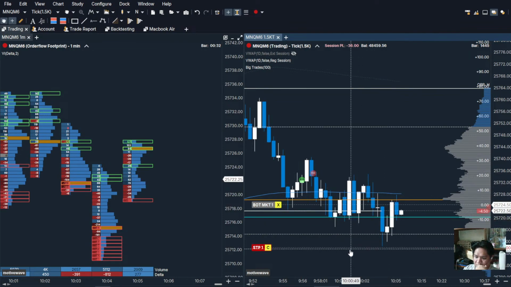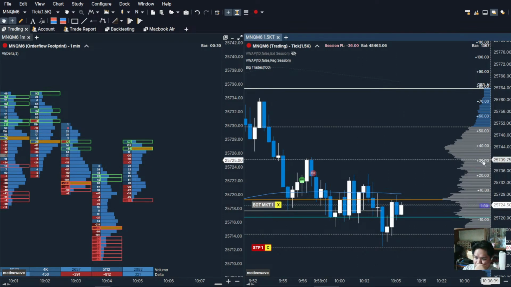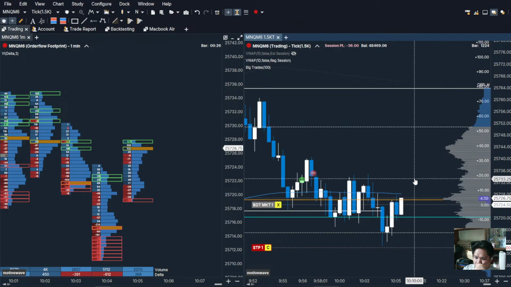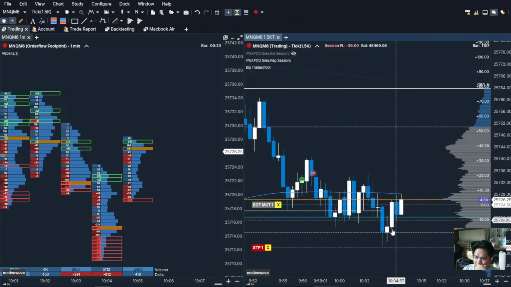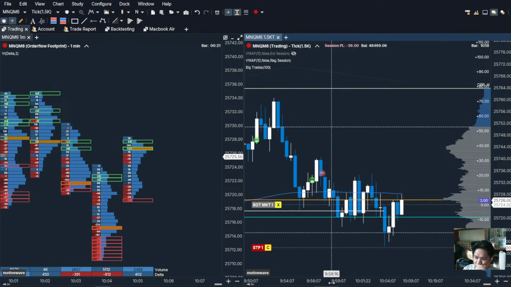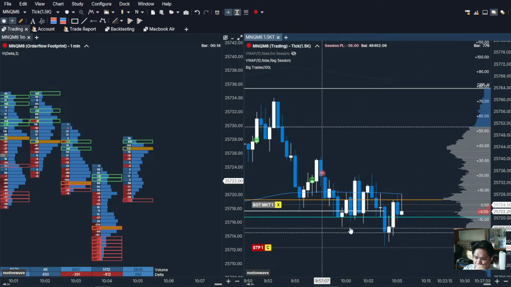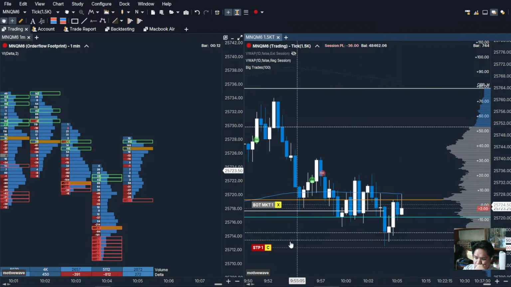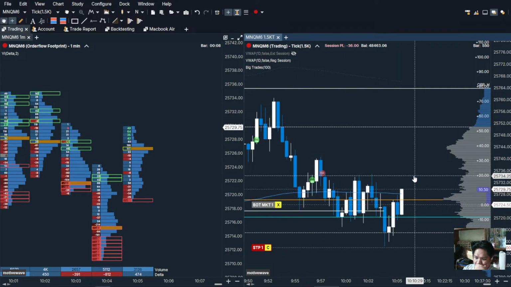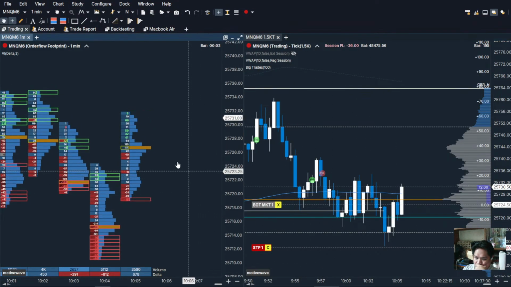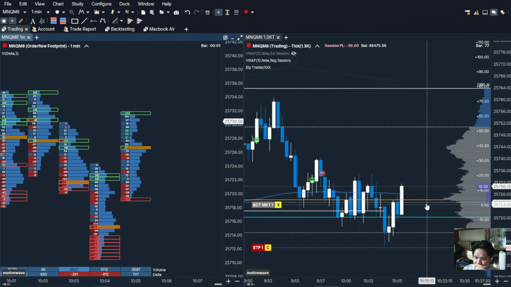See if we can go up from here, off the value area low. Break above. Buyer stepped in. Buyer stepped in. Nice, love that.